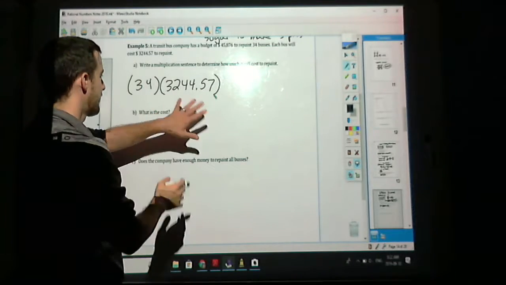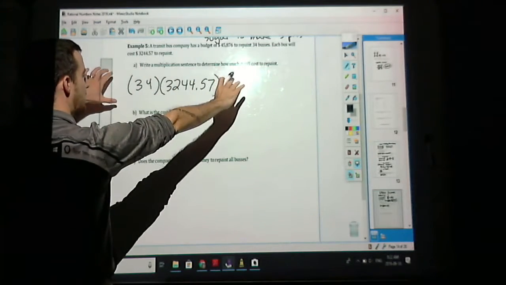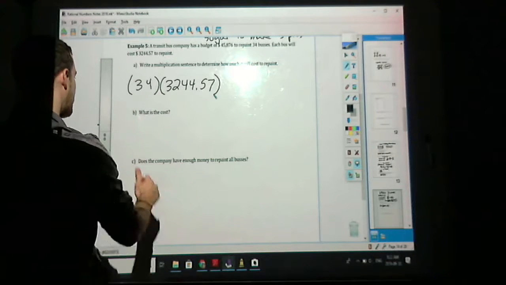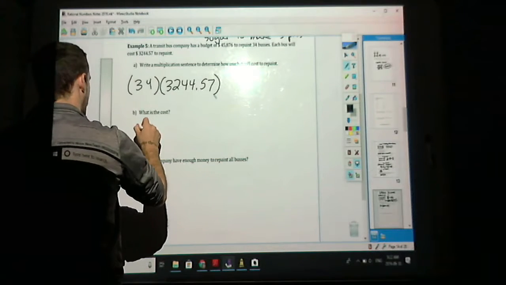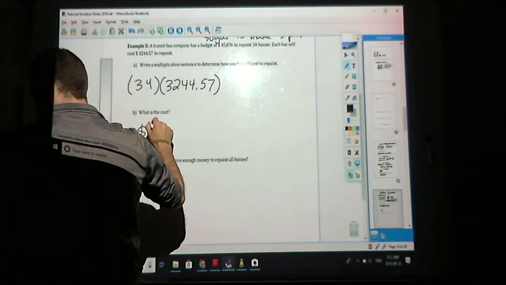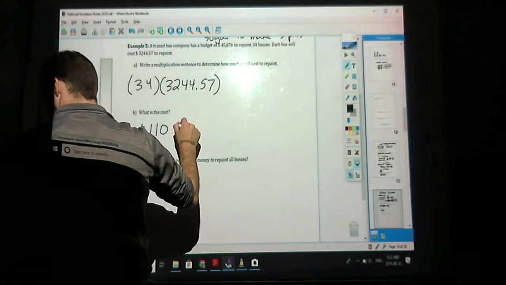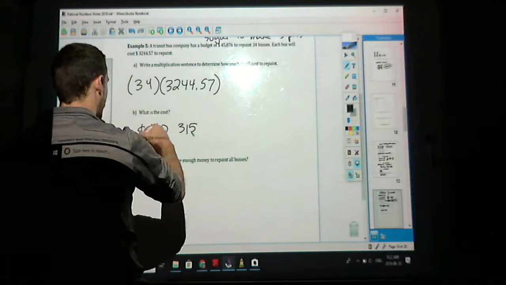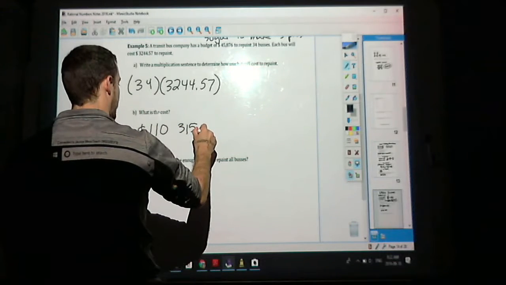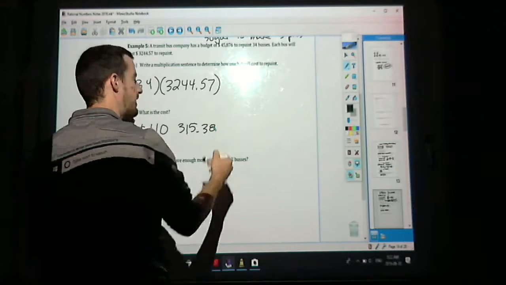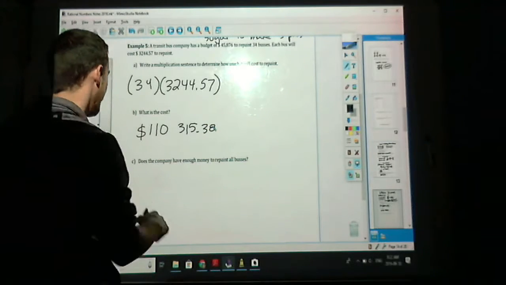Okay, so this is our sentence, and now we're going to actually put our answer down here. So in total, it will cost $110,315.38. I did that all in my head, obviously.